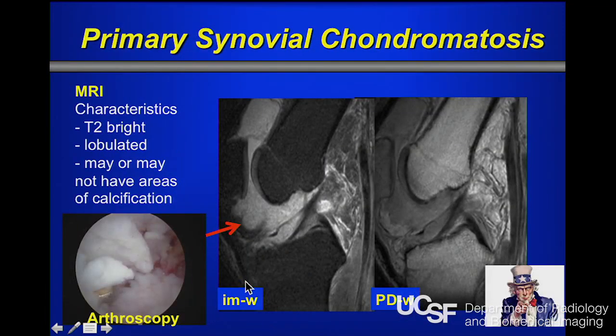This is an example of an MR image which shows primary synovial chondromatosis, which is really hard to differentiate from fluid, but you see this lobulated pattern. It's not your typical fluid accumulation, and this is how it looked during arthroscopy. Again, keep in mind, this did not contain any calcification, so the diagnosis may sometimes be quite tough.